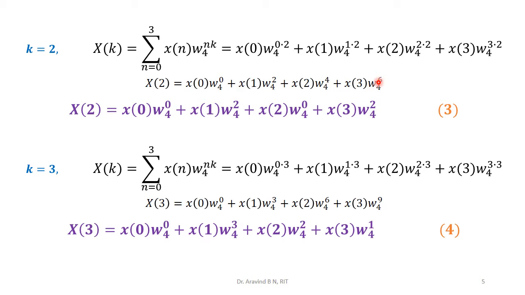As we discussed in the previous lecture, we must convert the out-of-range power to within the range. That is, omega 4 power 4 is beyond the range, so we must bring it back into the range. In such cases, omega 4 power 4 will become equal to omega 4 power 0. Similarly, omega 4 power 6 will become omega 4 power 2.